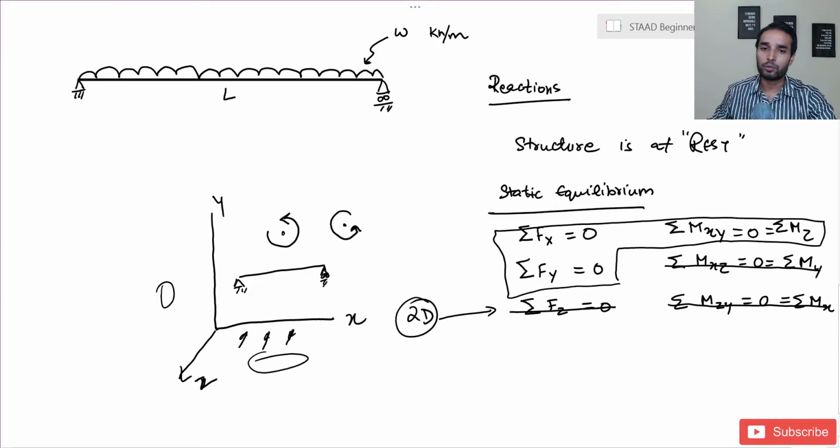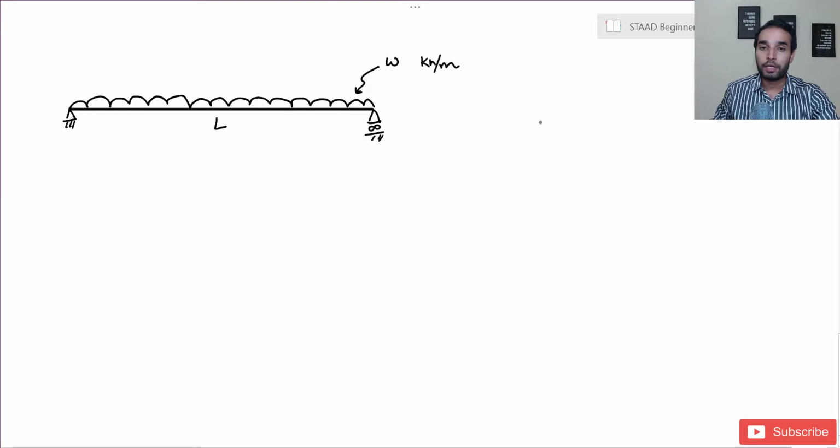So in case of Mxy, if we rotate our fingers along this plane, our thumb will be either pointing out towards z or it will be pointing inwards towards z. So in either case, we call it Mz. So this is where the Mz comes into picture. So once you have this concept clear, we can move on to finding our reactions. So on my fresh page, I'll need to find my reactions.